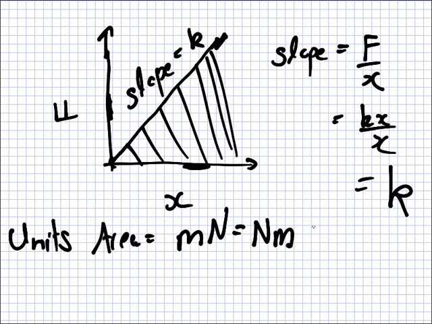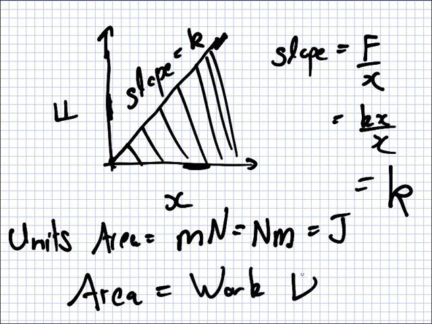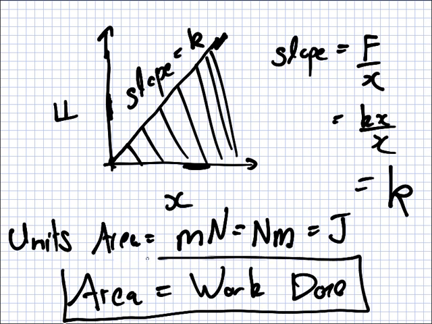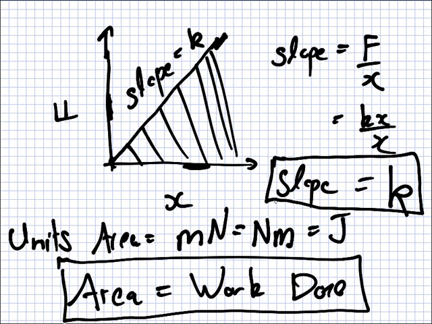But what unit is that? Joules. So what do you think the area might represent? Yeah, the area is equal to the work done. What work is being done, though? Yeah, the actual work of extension. So we have two results here. The slope of the graph represents the k, and the area represents the work done. Okay, can you copy that down?